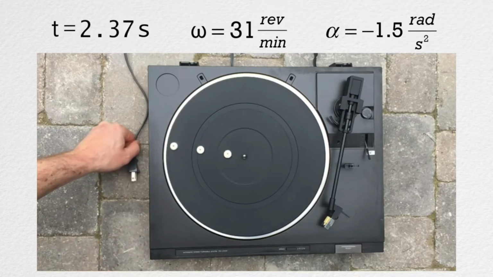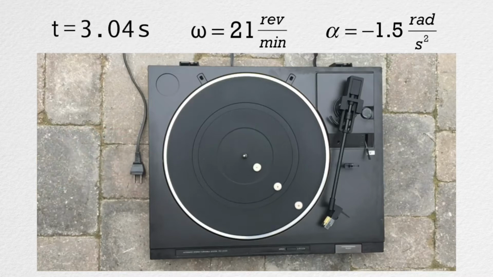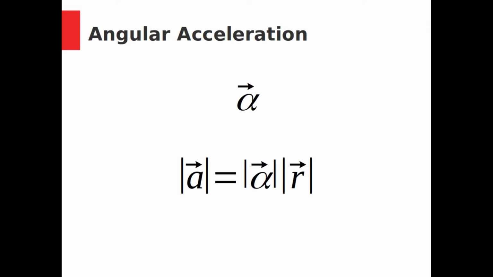A negative acceleration means an object is slowing down counterclockwise or speeding up clockwise. And the size of the linear acceleration is once again easy to calculate. It is simply the distance from the center to the sticker multiplied by the angular acceleration.